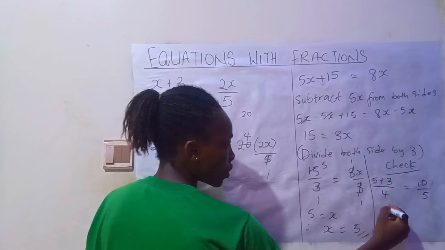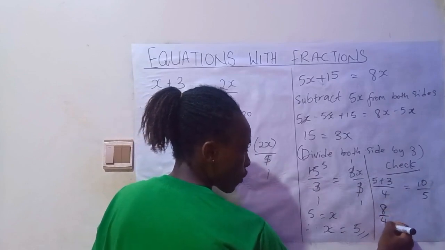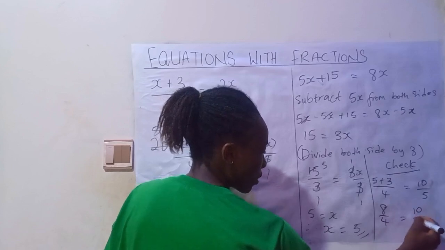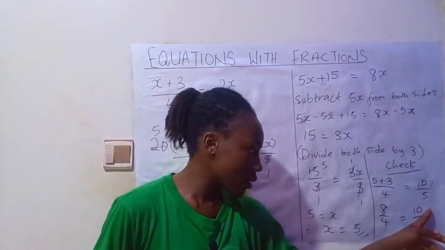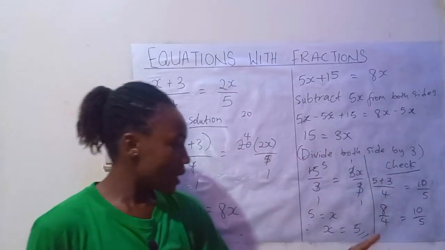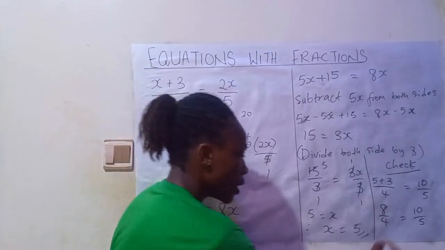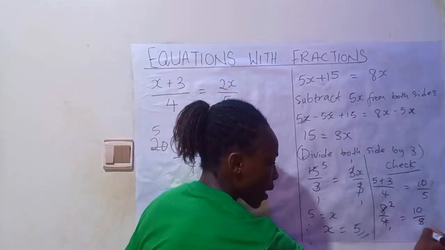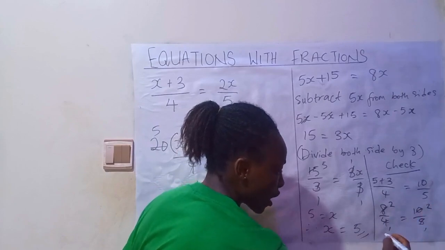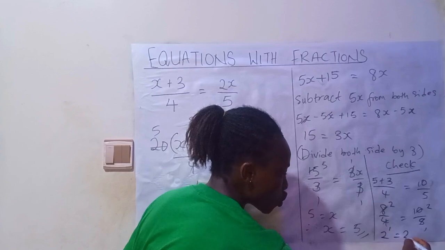Adding these two, that is 8 over 4 equals 10 over 5. Now, 5 can cancel 10. Likewise, 8 can cancel 4. 8, 4 here 1, 4 here 2, 5 here 1, 5 here 2. So we now have 2 equals 2.